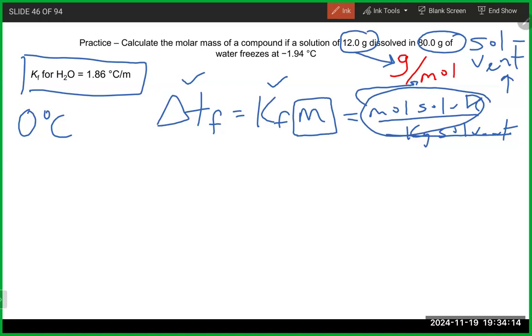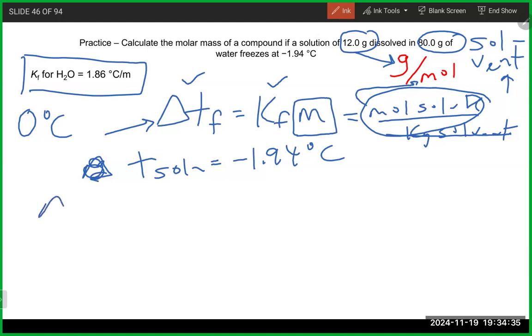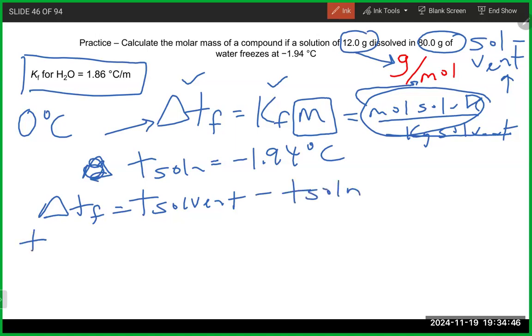So it is important to also remember that what they gave you is the temperature at which this solution freezes, and that's negative 1.94 degrees Celsius. That again is not the change in the freezing point temperature. The change in the freezing point temperature is the temperature of our solvent minus the temperature of our solution. The temperature of our solution in this case will equal the temperature of our solvent minus the change in freezing point temperature.